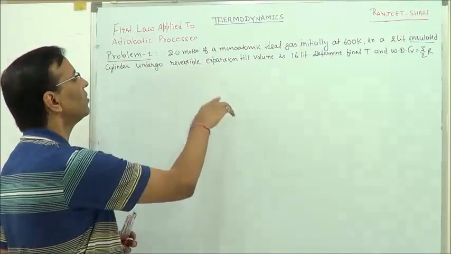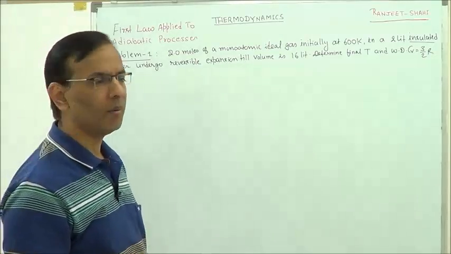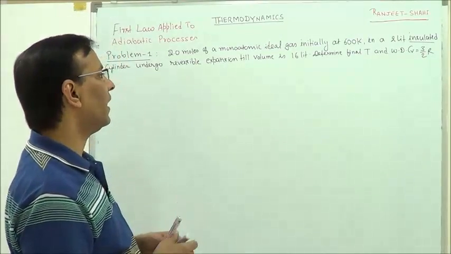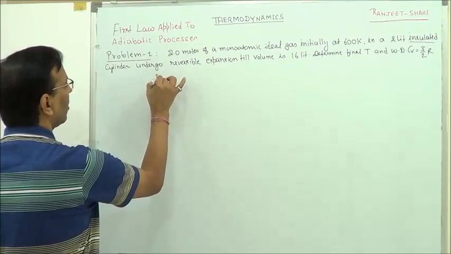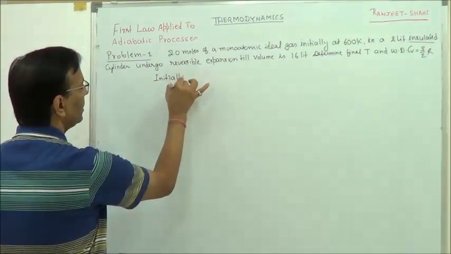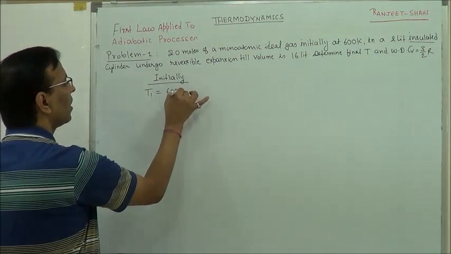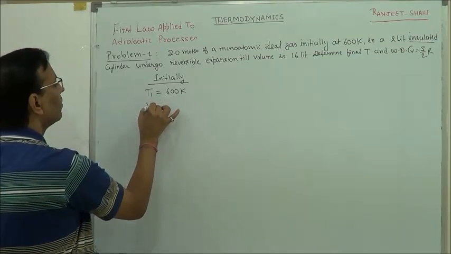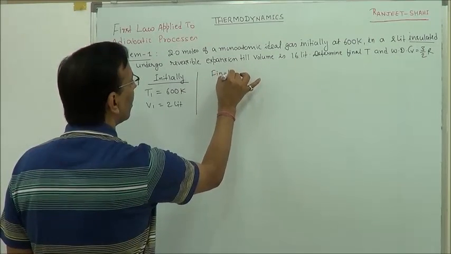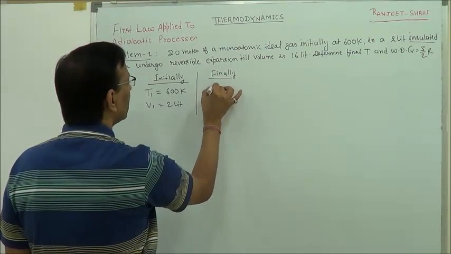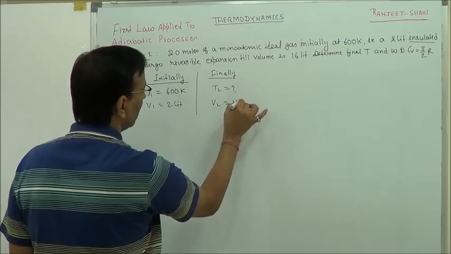A reversible condition is already given. So it is a case of reversible adiabatic expansion. Initially temperature was 600 Kelvin and volume was 2 liter. Finally, temperature T2 is unknown, volume is given 16 liter.